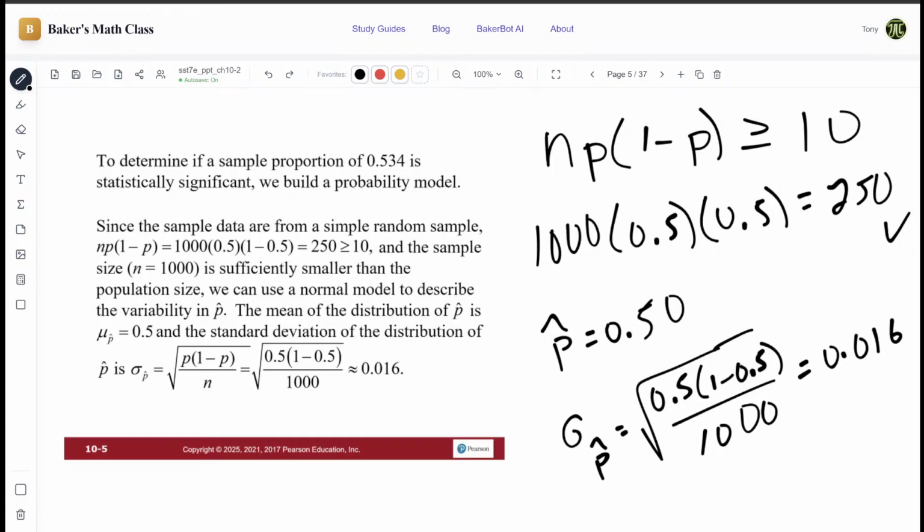Okay. So whenever you're doing a proportion, we need those pieces of information. We need to know our standard deviation, and we need to know our mean. And we need to make sure that n times p times 1 minus p is greater than or equal to 10.